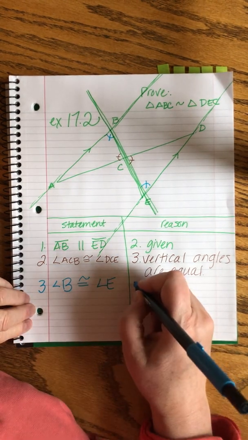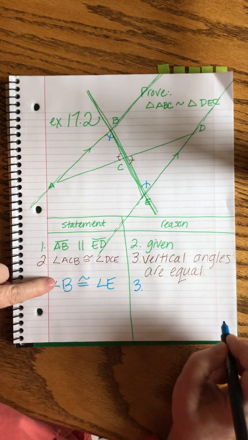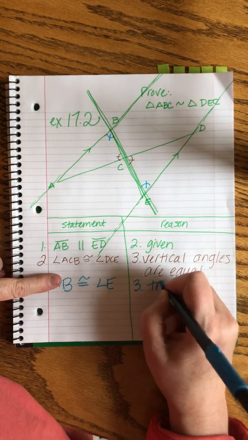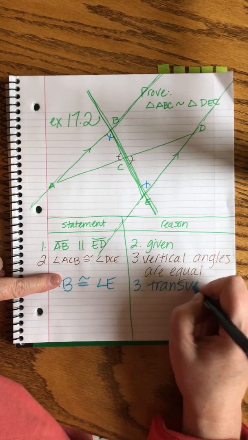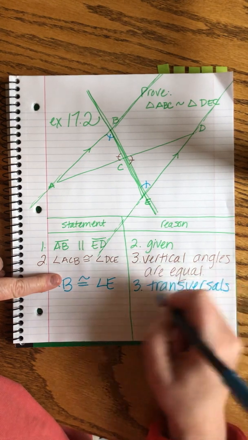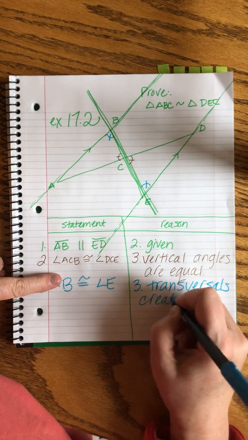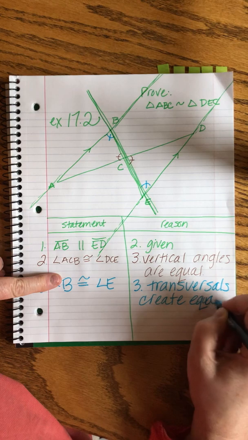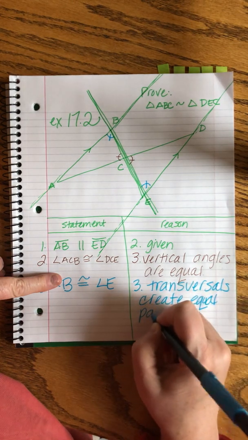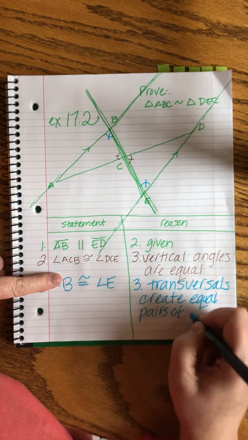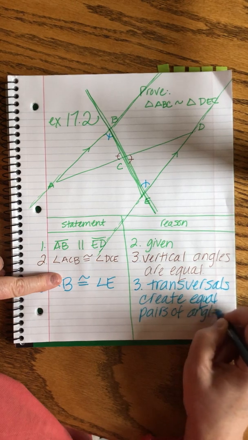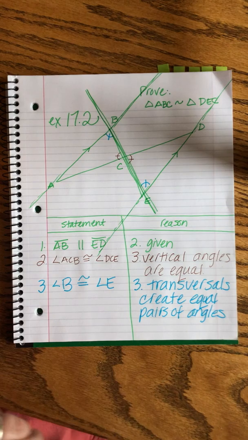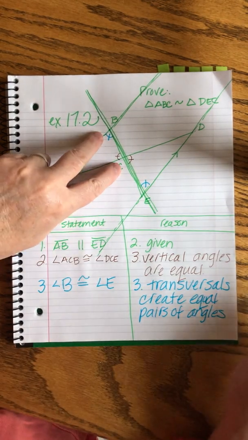Oh my gosh, this should be 3 and 3. Okay, I know this is true because transversals create equal pairs of angles. Right? And now I've done it because I've got two angles in each triangle that I'm saying are the same.